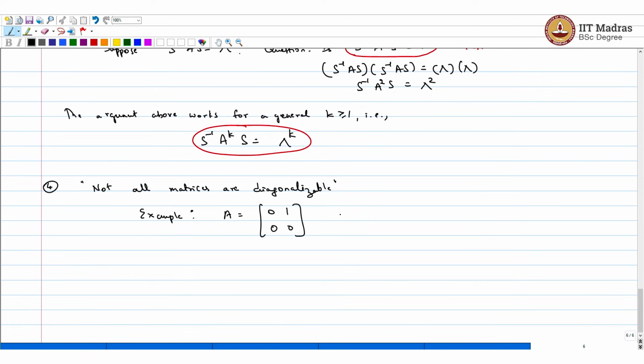You can check that it does not have two linearly independent eigenvectors. You can check this easily. All you have to do is calculate the eigenvalues, which are very easy to calculate, and calculate the corresponding eigenvector, and you will get only one eigenvector.